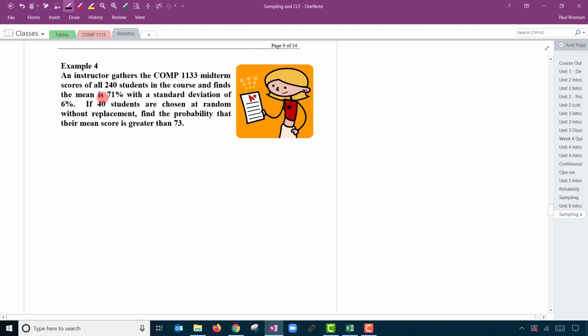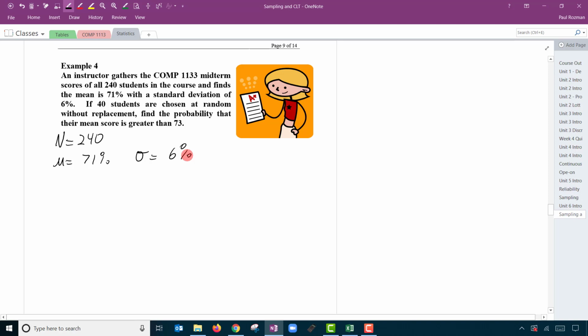It's booming again, but we've now broken it up into some specialties. Back then it was just one thing. I had 240 students, so big N was 240. That was my population. I gave them a midterm and the mean was 71% and the standard deviation was 6%.